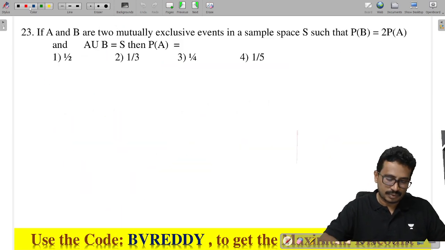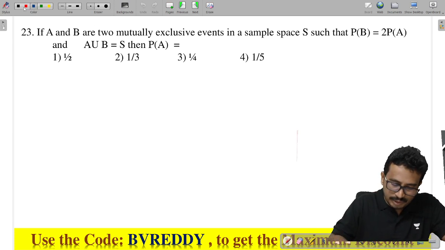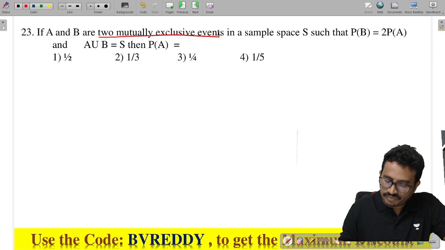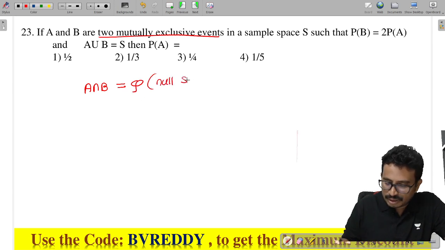Next one. See the next problem here. A and B are two mutually exclusive events. What type of events? Exclusive events. What is the meaning of exclusive? A intersection B is a null set, it is phi. Then what is P of A intersection B? Tell me.